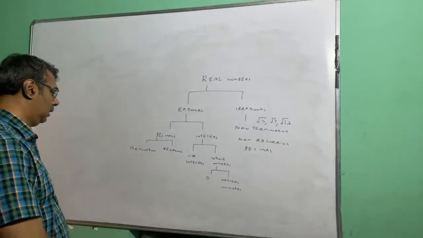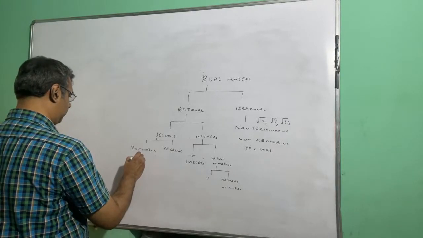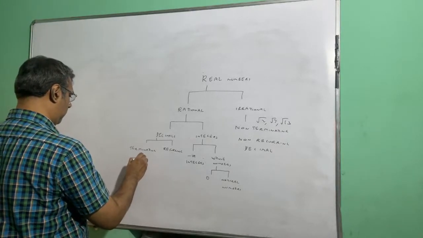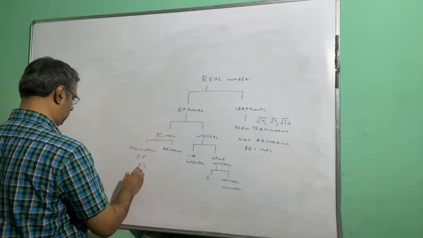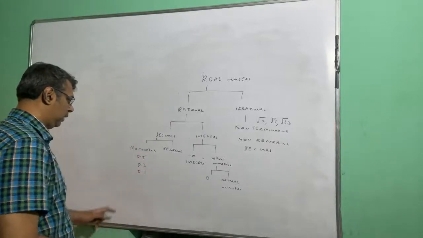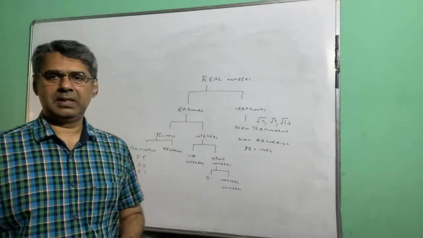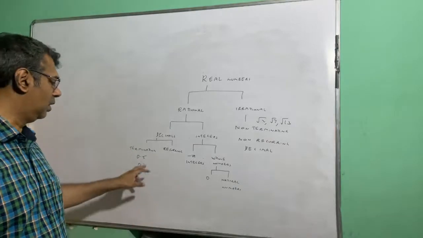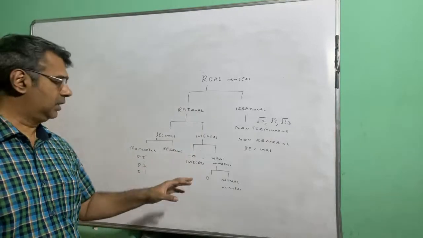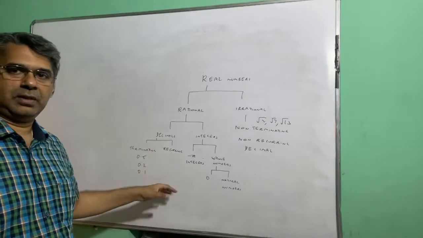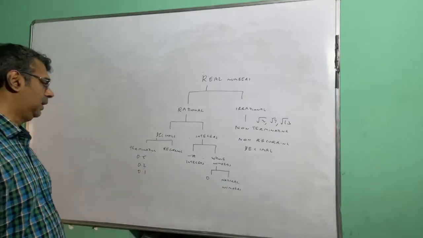What is the meaning of that? Suppose you say 0.5, 0.2, 0.1, you know that it's a decimal, but it's ending. It's not going on and on, it's ending. 0.5, that's it. 0.2, that's it. 0.1, that's it. So this is terminating.